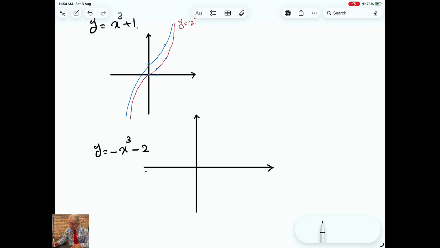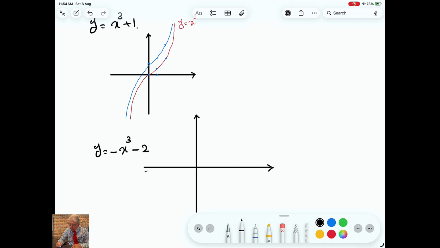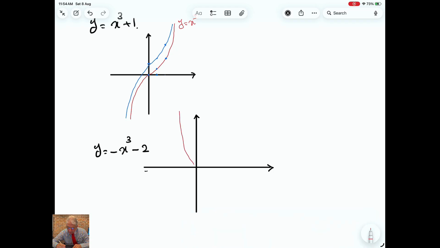We know that this is y equal to negative x cubed. Because it's negative, it goes from the second quadrant to the fourth quadrant. Now, when you are subtracting 2, that means this graph should shift 2 units down.